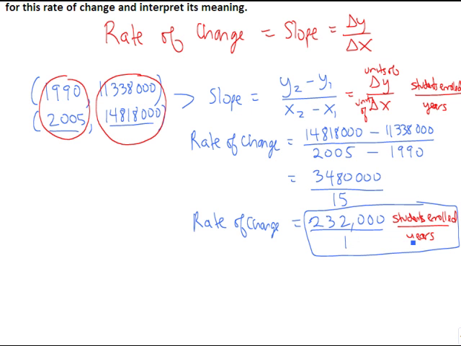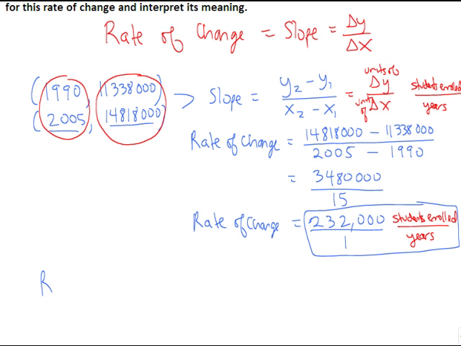And think about what that means in the context of the question. Since we're talking about enrollment over time, this implies that we are gaining, and the reason I'm saying gaining is because this is a positive rate of change, a positive slope. We are gaining 232,000 students in enrollment per year.